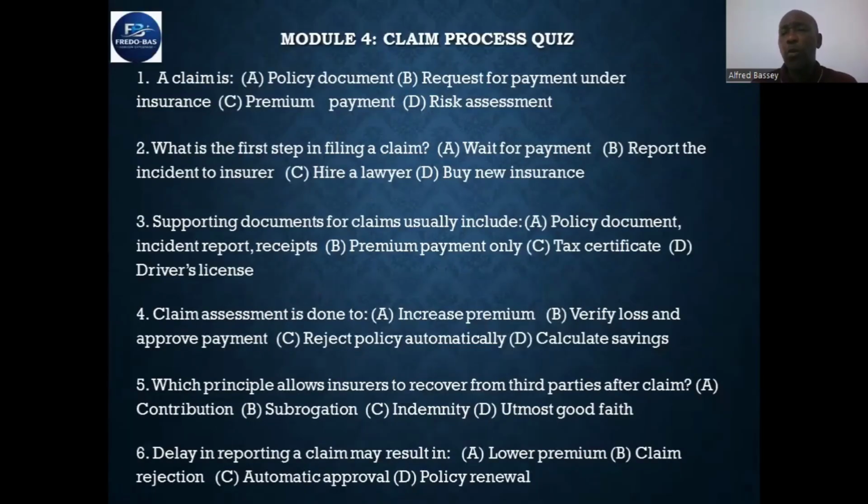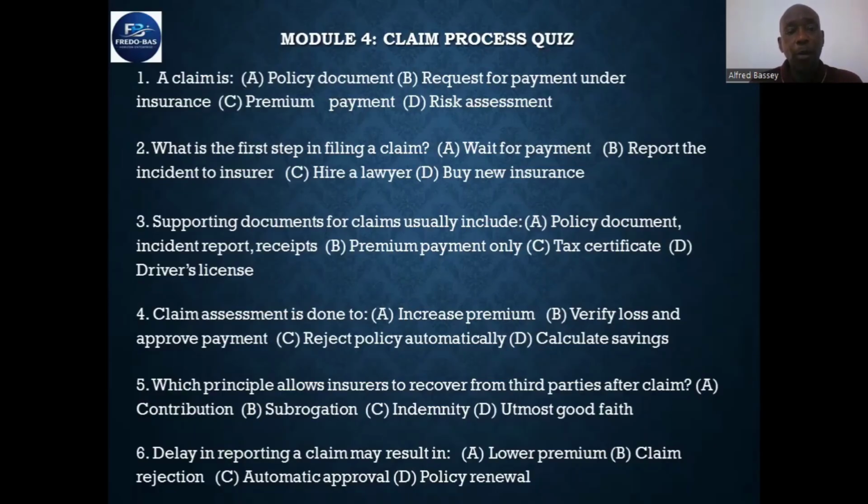Now, we move on to our quiz to find out how far we have understood what we have learned today. Quiz 1. What is a claim? We have the A, B, C, and D answers. The answer is request for payment under insurance. That's what a claim is. 2, what is the first step in filing a claim?